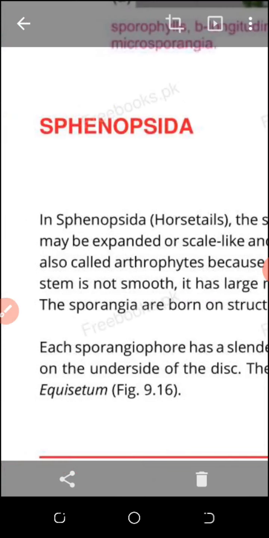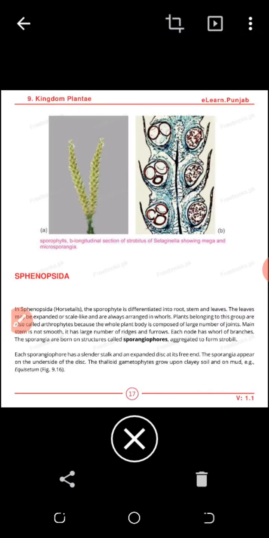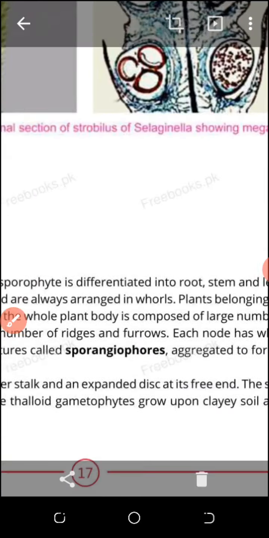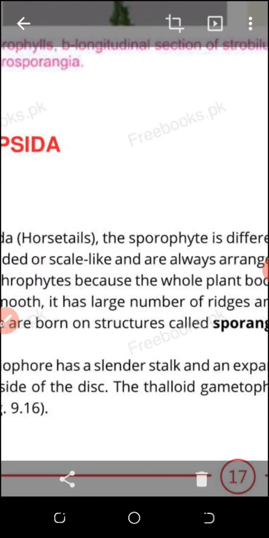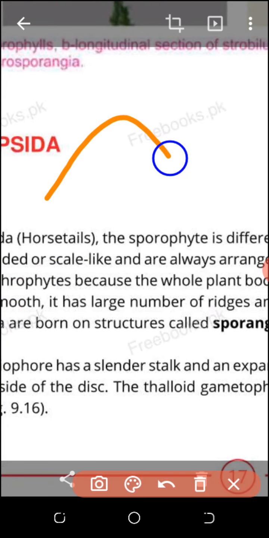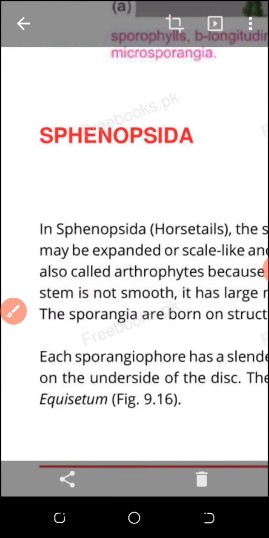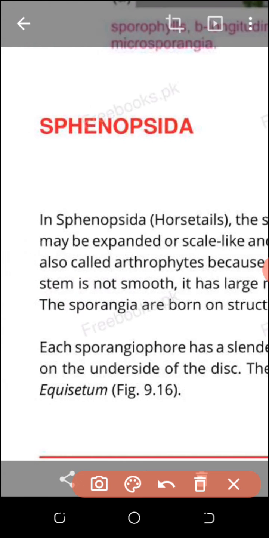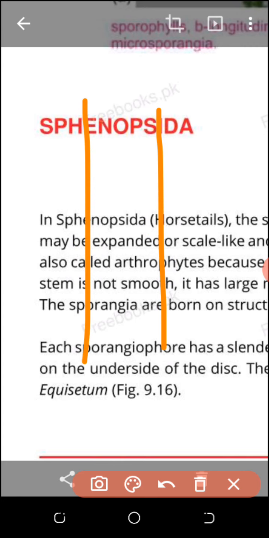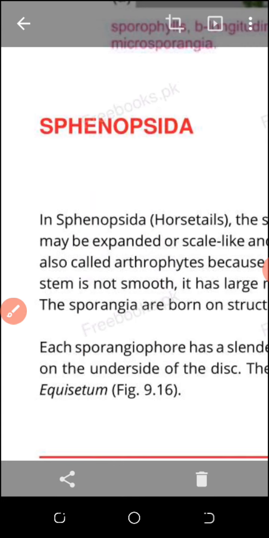Because they consist of joints. Like arthropoda, you know, jointed legs were present in the cockroach. We have no jointed legs, but in this case small joints are present, due to which this plant is called arthrophytes.